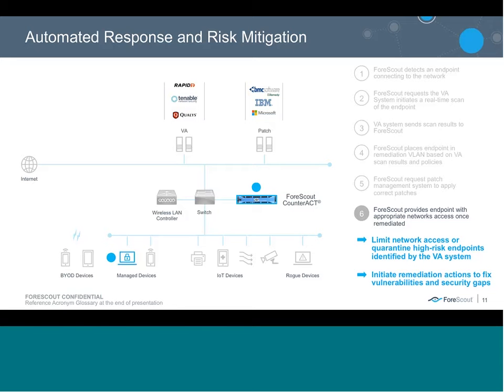So, for instance, you can't protect what you can't see, you can't scan what you can't see, and so if an endpoint joins the network, a guest or contractor that was not there previously, the VA system isn't going to have any information on it, and so it doesn't know if there are any vulnerabilities there.